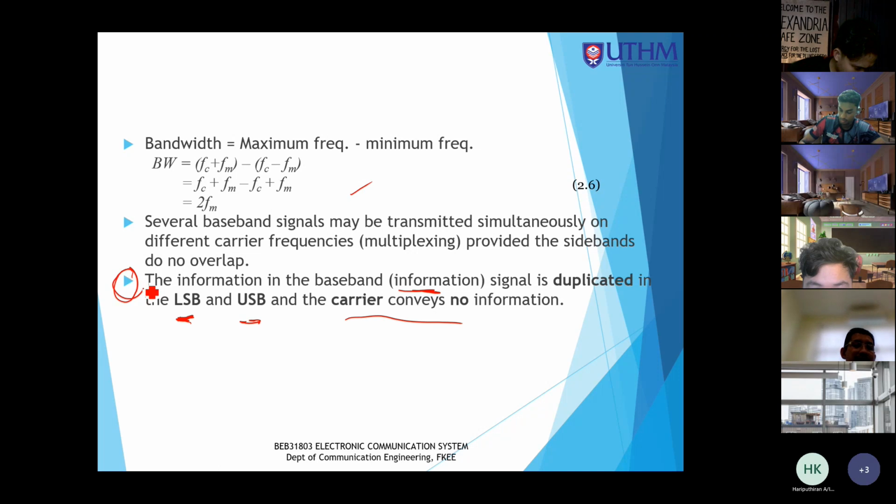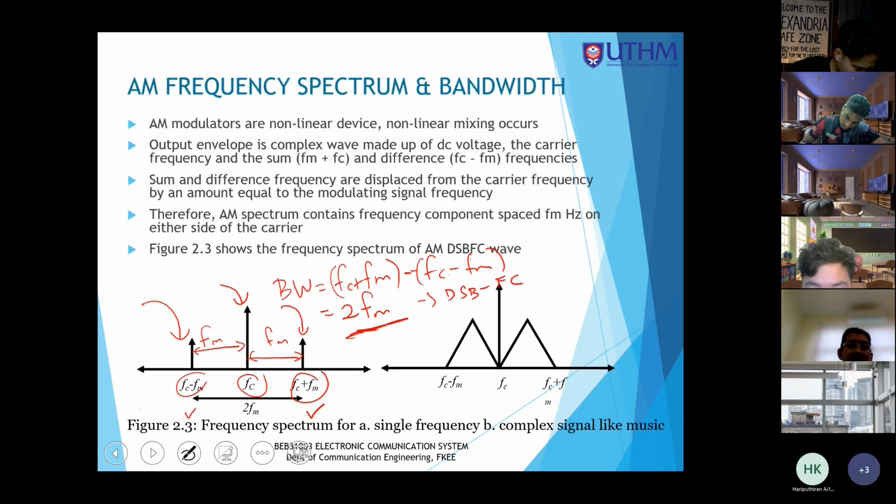So this will also answer the earlier statement. Why is it a waste of power? Okay. So you can see a little here. Double sideband full carrier is said to waste power because we are transmitting the signal more than twice, as if we are transmitting the signal twice, because the information in the lower sideband is the same as the information in the upper sideband, and the carrier does not convey any information. So we are transmitting this empty can with nothing.